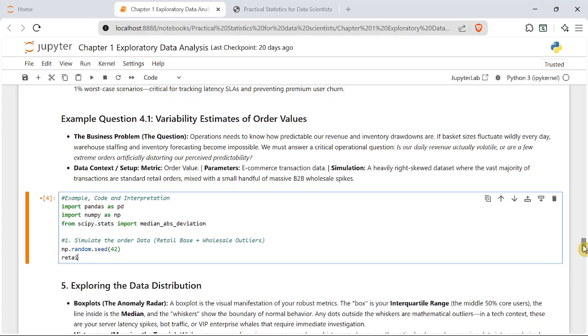Retail orders equals np.random.normal, loc equals 50, scale equals 15, size equals 9500.